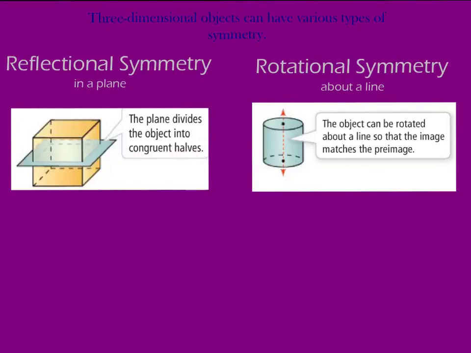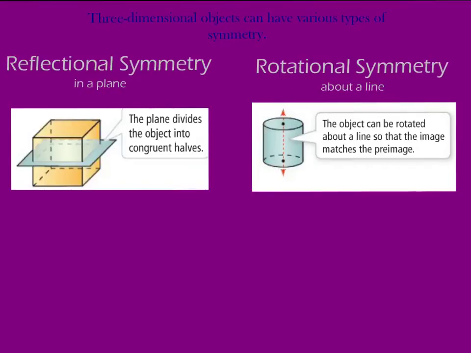So if you can slice an object into two congruent halves, then you have reflectional symmetry. So it's like taking a tissue box and slicing it through the middle. You also have rotational symmetry, which is when you can rotate something about a line. So an object can be rotated about a line so that the image matches the pre-image.